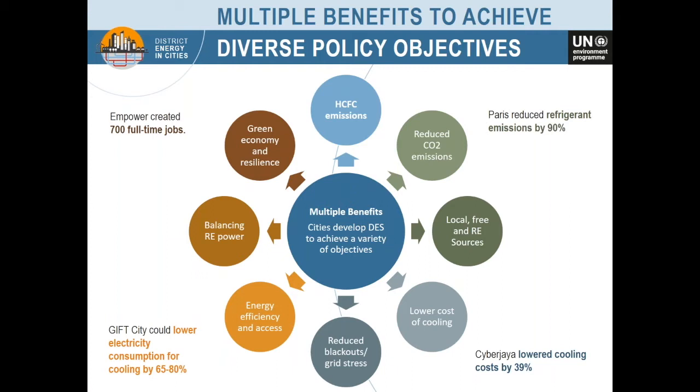Many cities are reducing refrigerant emissions while also cutting CO2 emissions and providing local jobs. The district cooling network in Paris, for instance, provides cooling from high-efficiency electric chillers, free cooling from the Seine River, and geothermal, which has reduced refrigerant emissions by 90% and CO2 emissions by 50% compared to decentralized cooling.